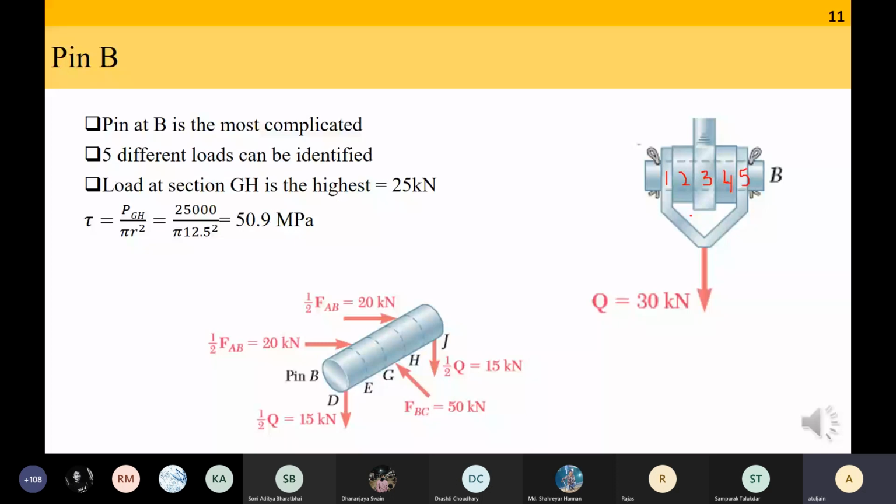So the free body diagram will look something like this. So this is my applied load, 15, 15. This is because of this. Sir, could you explain the direction of FBC? Direction of FBC is along the length of BC. BC was a two-force member.